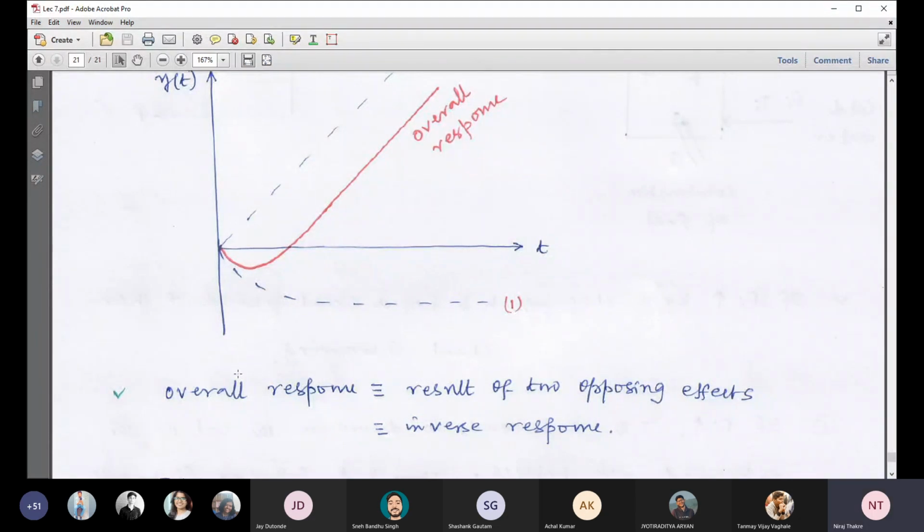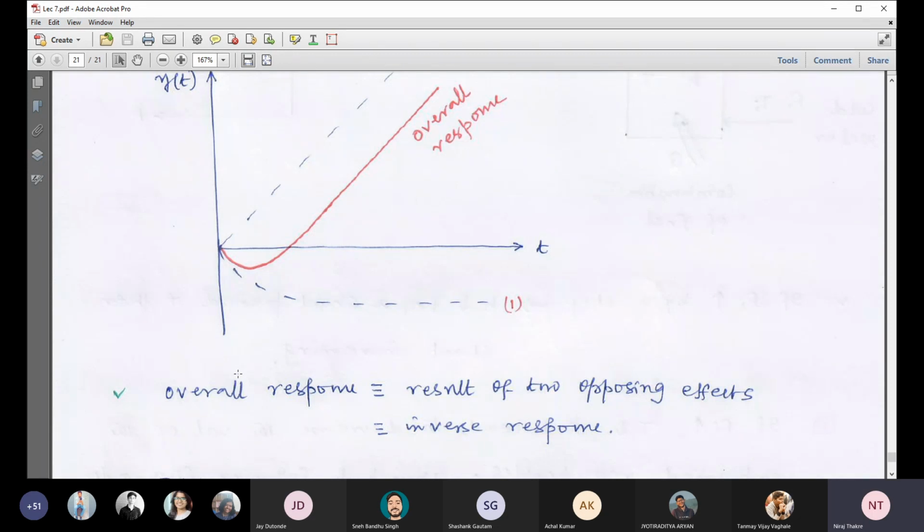It is the result of two opposing effects. Okay, that's why it is called inverse response.